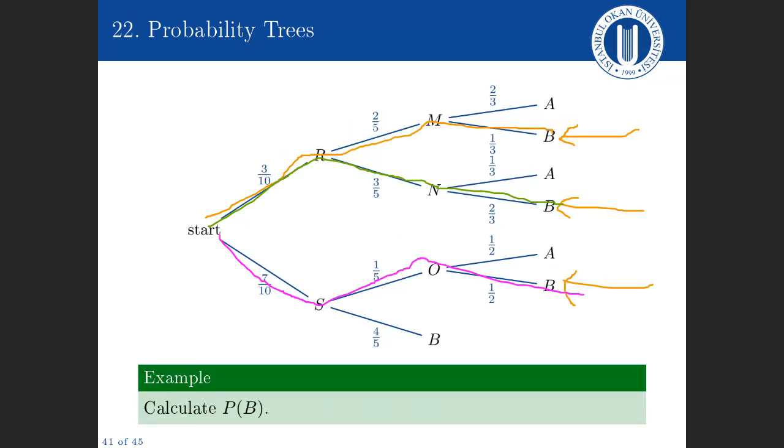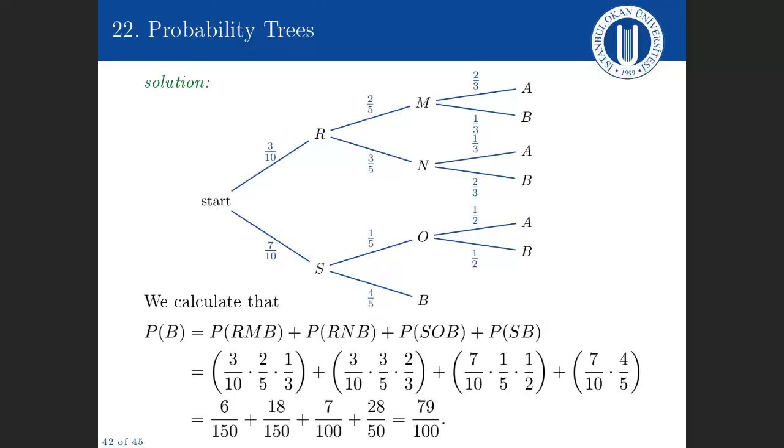Oh, I missed one. Or we could go 7/10 to get S, and then 4 over 5 to get to this B. So we add these together. The probability of RMB, 3 over 10, 2 over 5 multiplied by 1 over 3, and so on.